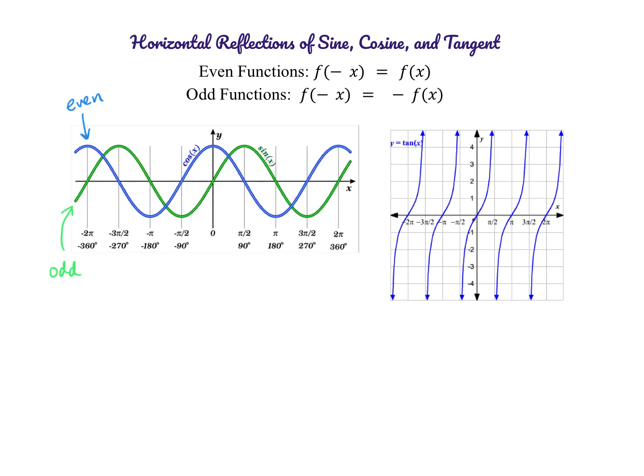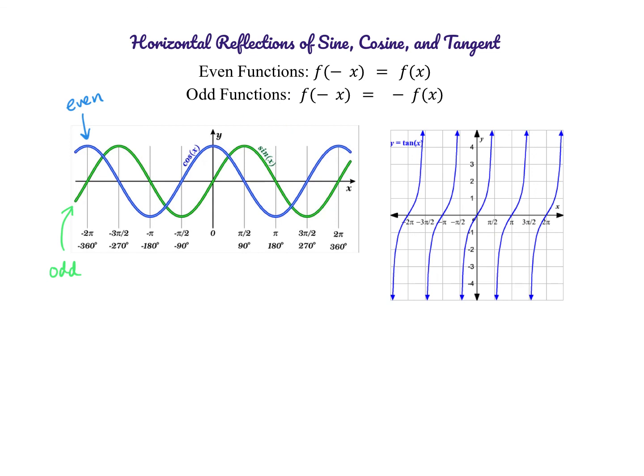So because we know that cosine is even and sine is odd, anytime you see f of negative x, which would be that horizontal reflection, it actually doesn't do anything to our cosine graph. So we could actually say, well, since it is even, f of negative x equals f of x. So again, a horizontal reflection doesn't actually affect our cosine graph.